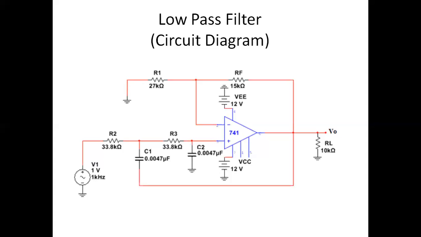But as the frequency increases, the reactance offered by this capacitor slowly reduces, and at high frequency the reactance offered by the C2 capacitor is less than the impedance offered by the op-amp. So the signal, instead of going to the op-amp, will take a path through the capacitor and get grounded. In that way the filter is going to work.